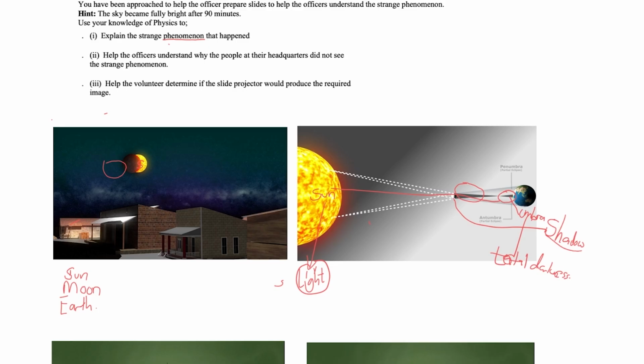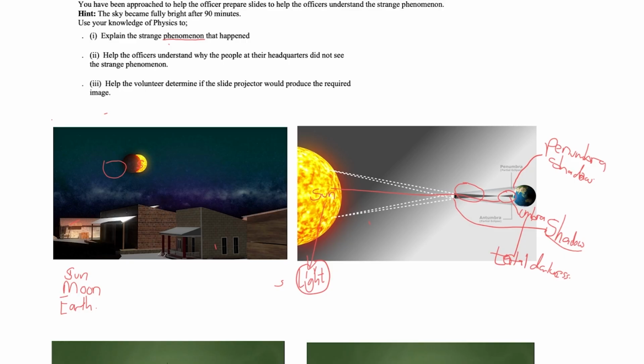Now, other parts on Earth will still receive the light, where I have highlighted here and down here. These parts will still receive the light, and that is the penumbra shadow.